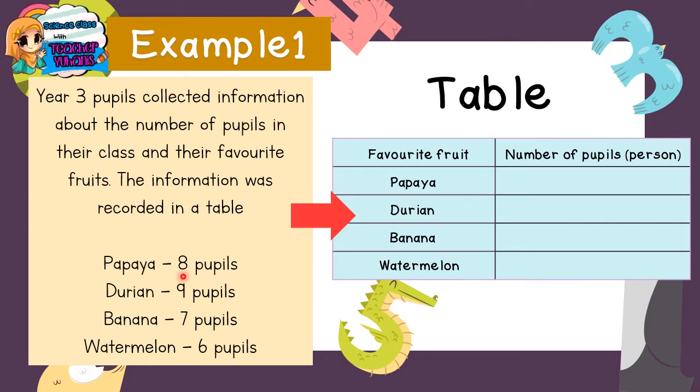Eight pupils like papaya, so we write down 8 over here. 9 pupils like durian, and 7 pupils like banana, while another 6 like watermelon.